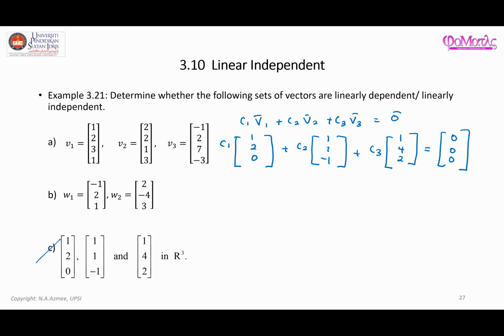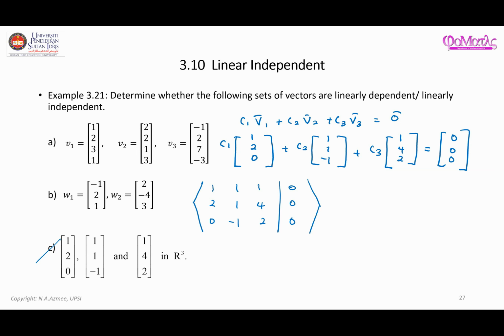And in order to solve this system of linear equations, you can represent everything in an augmented matrix. Therefore, we have 1, 2, 0, 1, 1, negative 1, 1, 4, 2, 0, 0, 0.